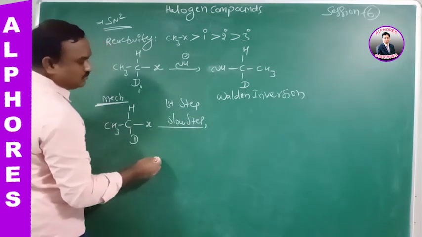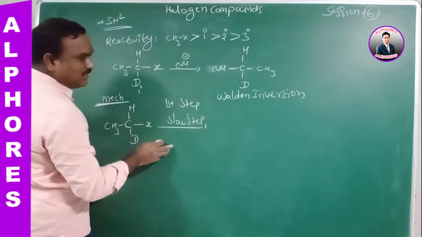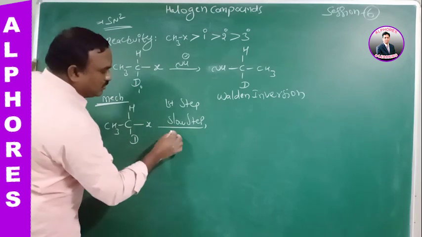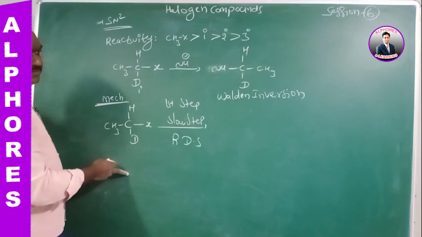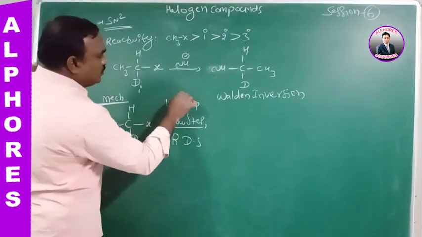Already I told you, the slow step is the rate determining step, which is useful to determine the rate. It is the nucleophile attacking step.